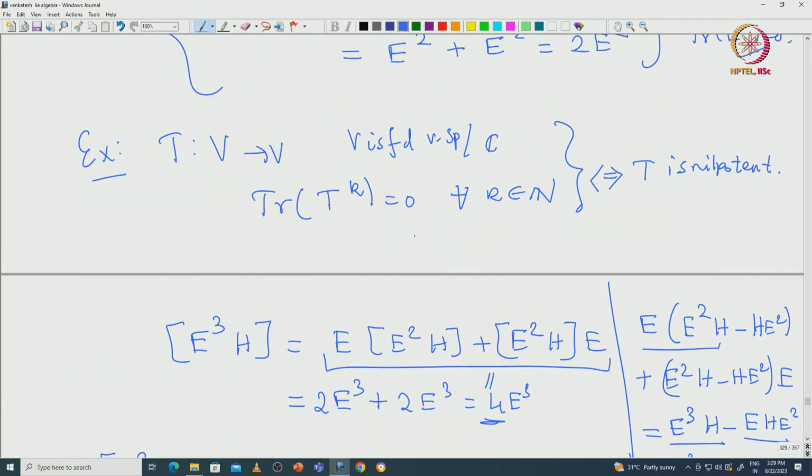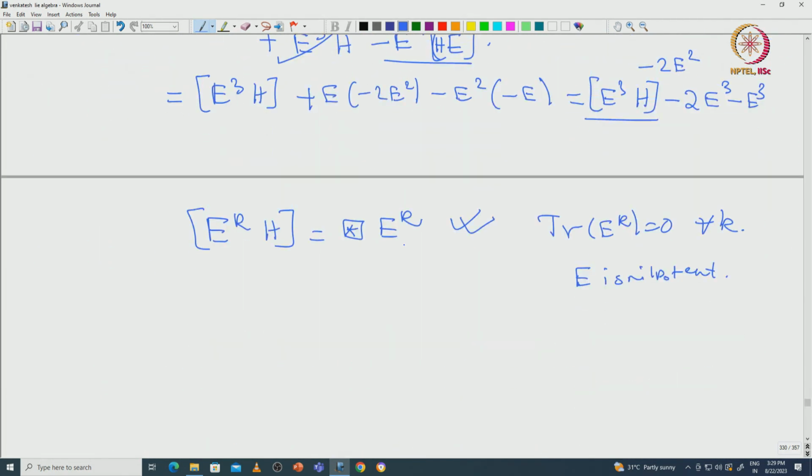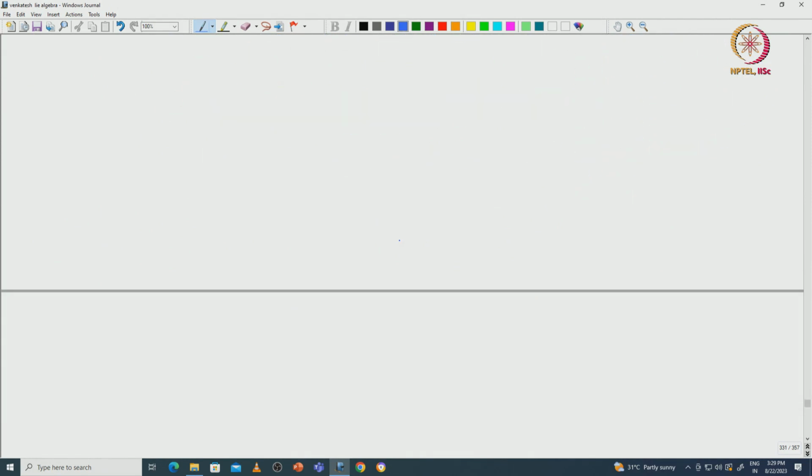We can also use the invariance lemma to prove the same thing. Why the invariance lemma?